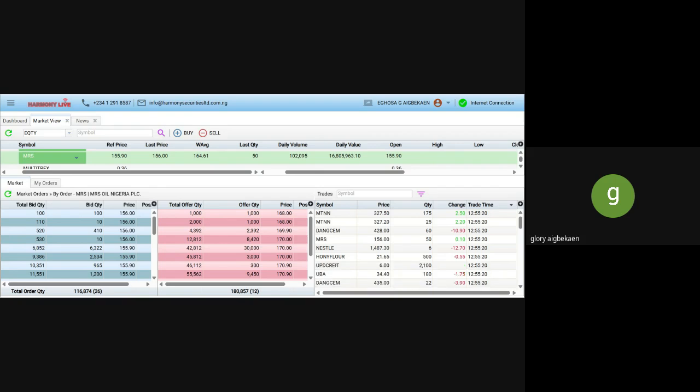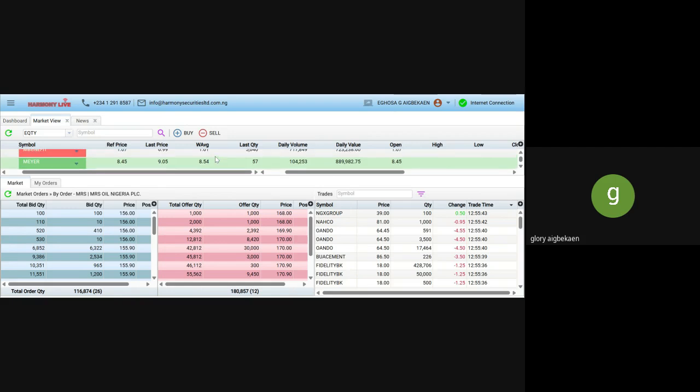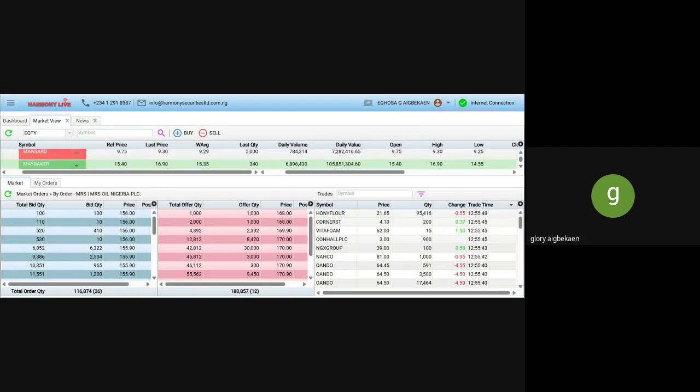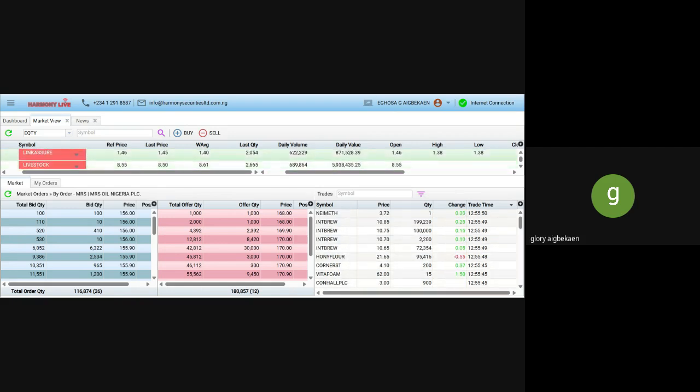But you still have the likes of MRS, the likes of Eterna Oil, the likes of Conoil, then TotalEnergies. These are the few downstream companies that are listed in the exchange, and they are still there, and they are doing well. But we observe that in their first quarter report, almost all of them, not just one, almost all of them, their numbers were not too good.